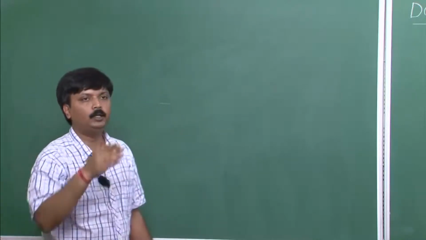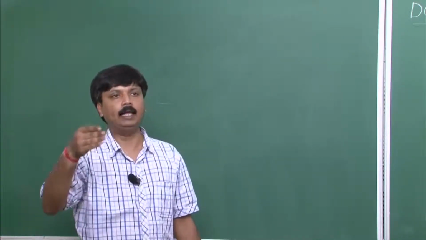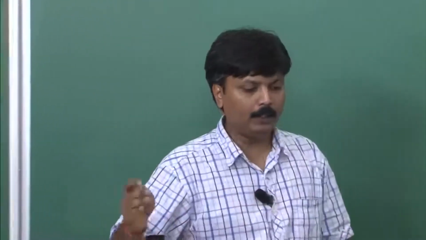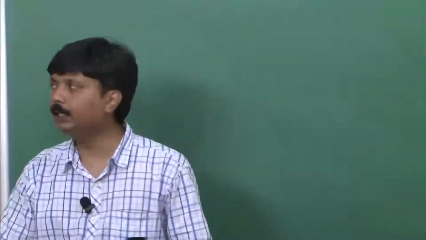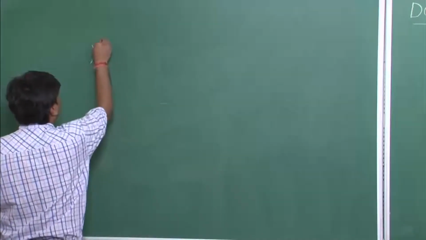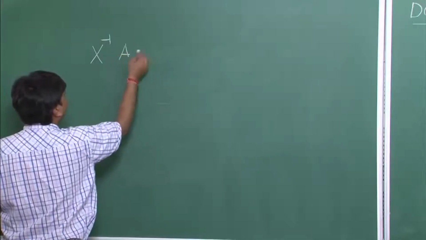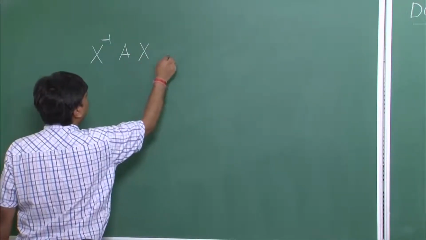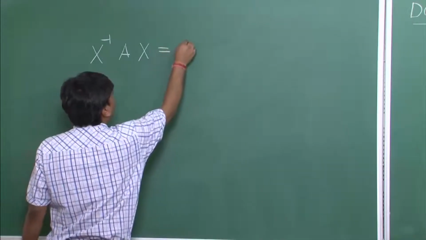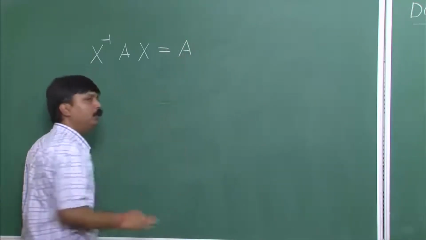We showed that X inverse A X can be some element B. What this property says is that for any element A and X belonging to a particular group, this will always hold.